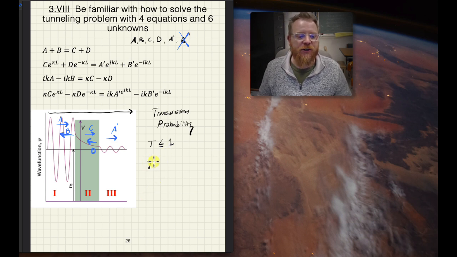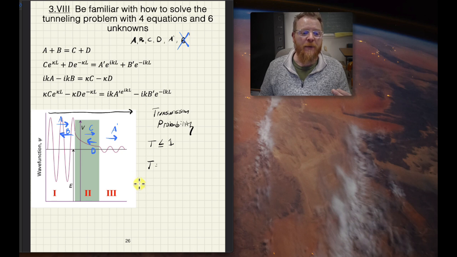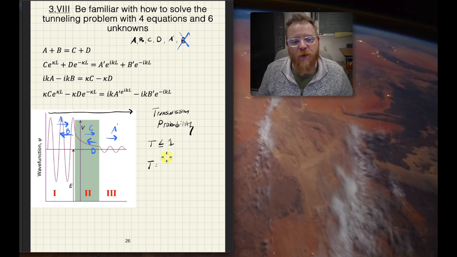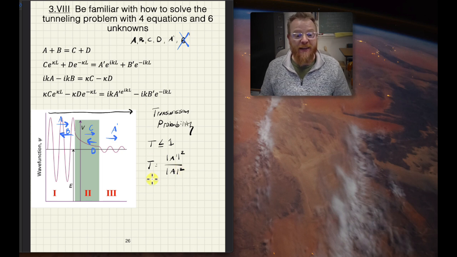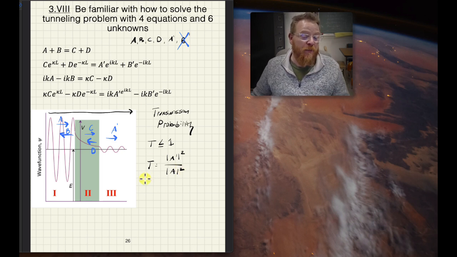And additionally, we can also say the transmission probability is related to the amplitudes of region 3 over region 1. So in other words, we can say the A prime square modulus over the A square modulus is going to give us that transmission probability. So that creates a 5th equation with a 5th unknown.